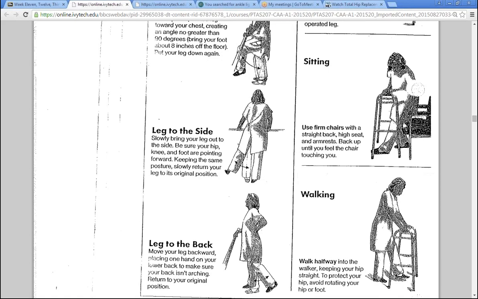Sitting, getting in and out of the chair, it's important that you take that lower extremity and place it anterior to the other lower extremity, so that reduces the chance of them leaning forward and doing a closed kinetic chain excess of hip flexion.